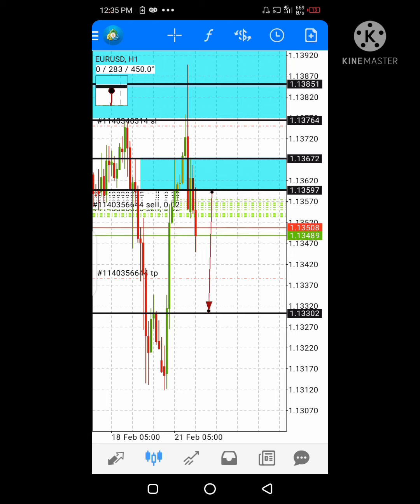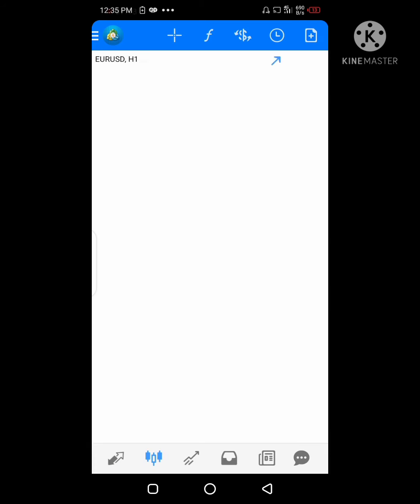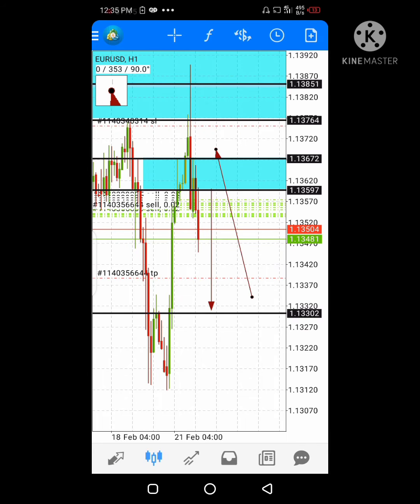So I'm just going to place my arrow here, and you already know for stop loss that your stop loss will be just a few pips above this area. Although I put my pips here, this entry was just a rush entry, because I was meant to enter at this top one.